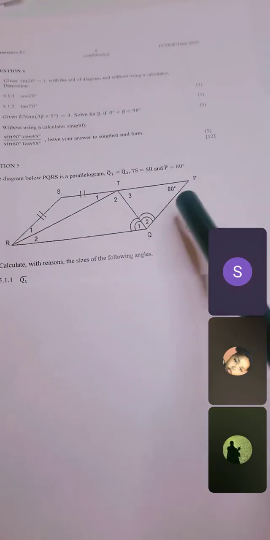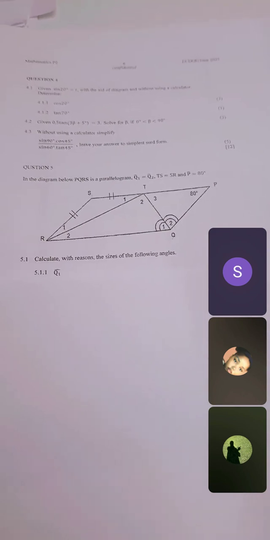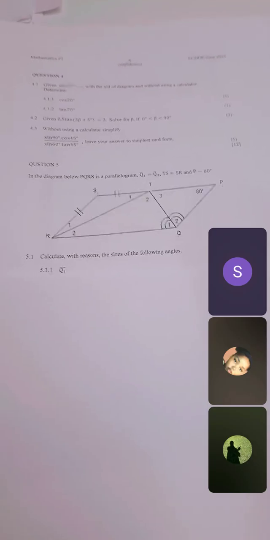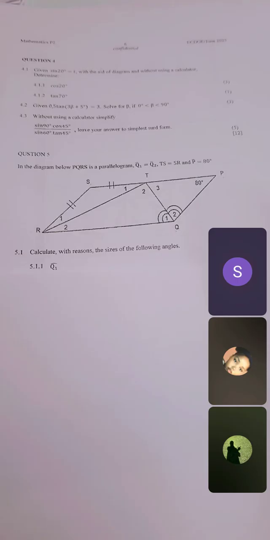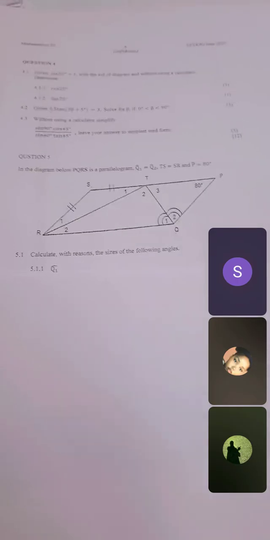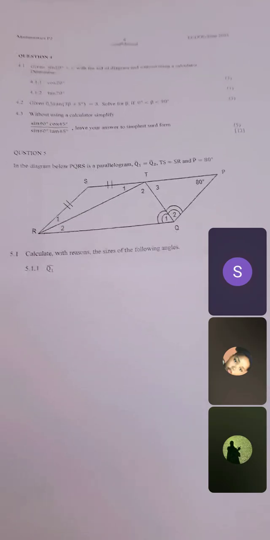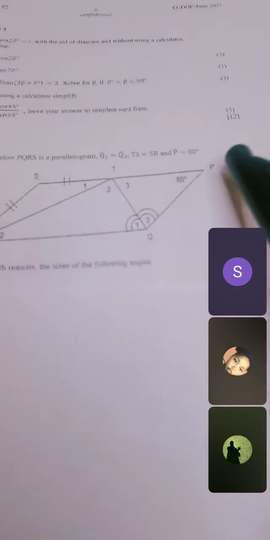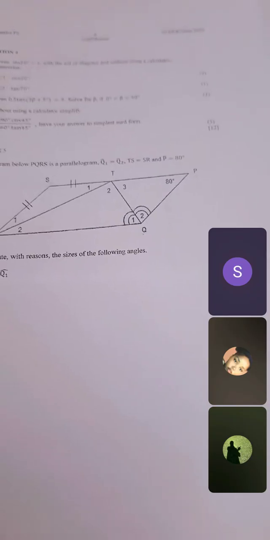So what do you know about angles between parallel lines? The opposite angles are equal. Yes, for a parallelogram that's true. But what I'm asking now is, what do you know about angle P and angle Q? They have a relationship together.